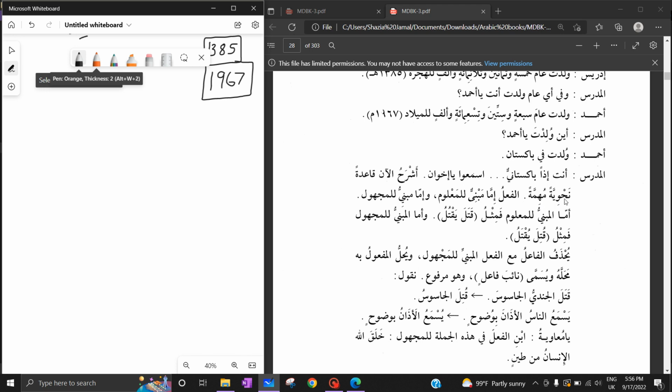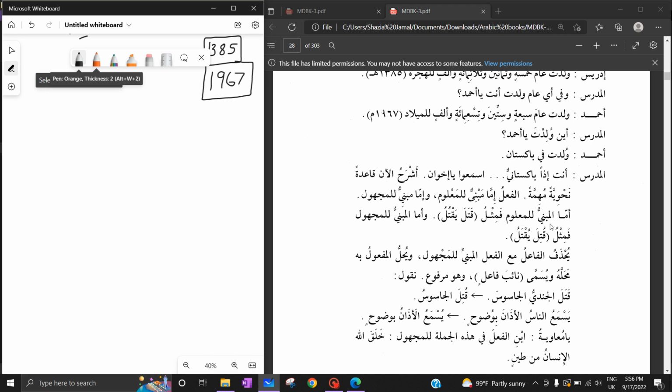Muhimmatan, important; nahwiyatan, grammatical. Now he is explaining things that we will learn in the exercise about ma'loom and majhul. So al-failu imma mabniyun lil ma'loom wa imma mabniyun lil majhul, meaning active or passive.